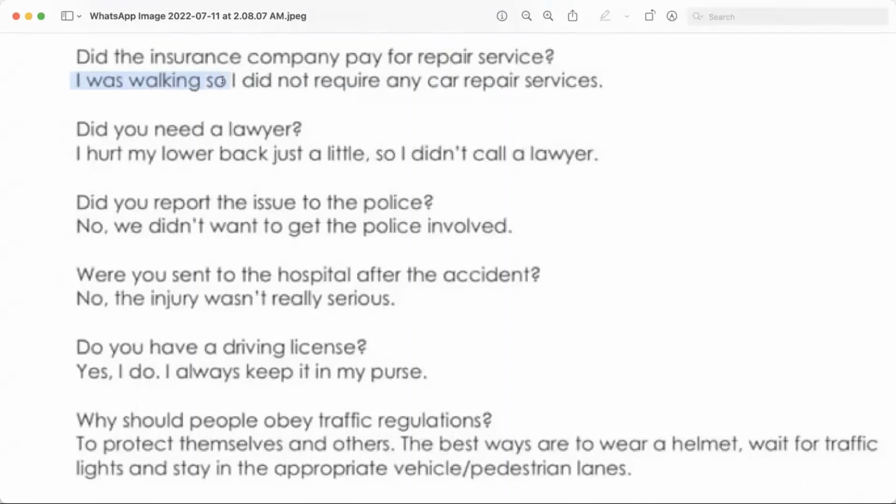I was walking, so I did not require any car repair services. Try to pronounce this word, require. So, any car repair services. There's an s at the end of services, you should pronounce that s. Say it again. Services. Good. Well done.